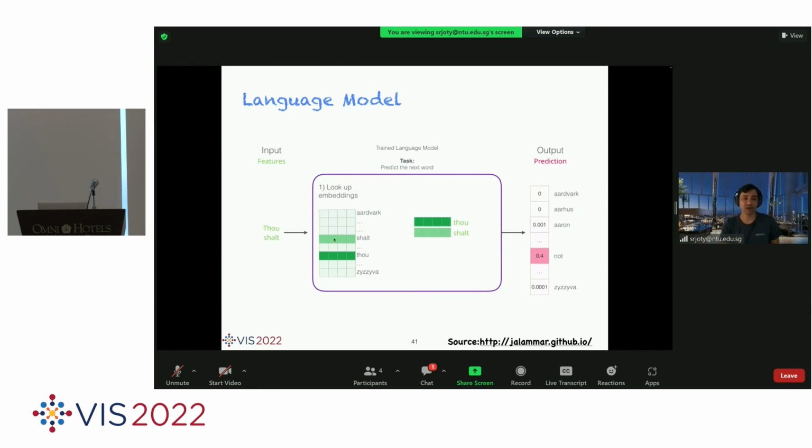We first look up and get the vectors, concatenate these vectors, pass them through one hidden layer, and define a softmax, or multi-class, distribution over all the items in your vocabulary to get the probability that the next word is "not", the next word is "Aaron", the next word is "Arthurs", and so on.